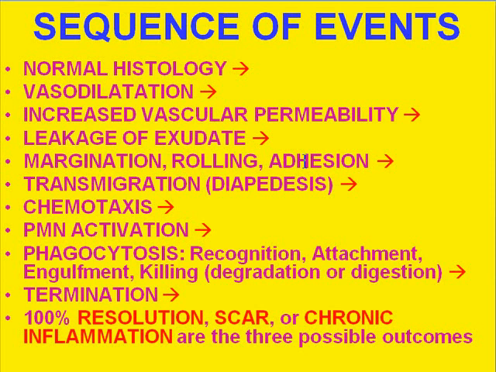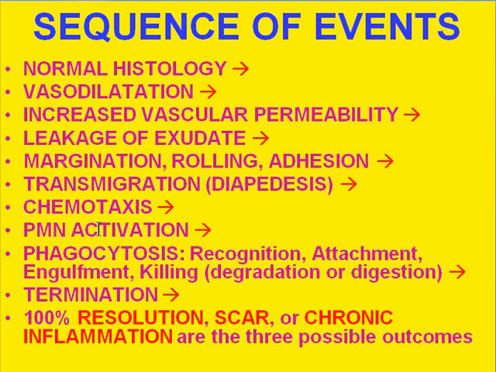Then the neutrophils decide to diapedese or transmigrate through the wall due to a variety of techniques. Then they undergo chemotaxis, or they are attracted to areas outside of the blood vessel wall. They are then activated to release all of the substances in their granules, in their lysosomes, and to phagocytize.